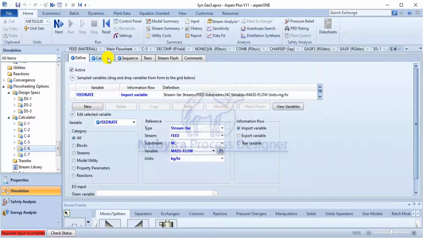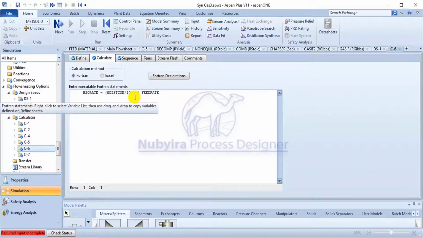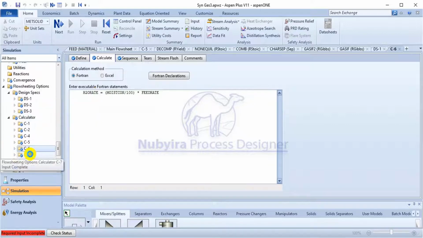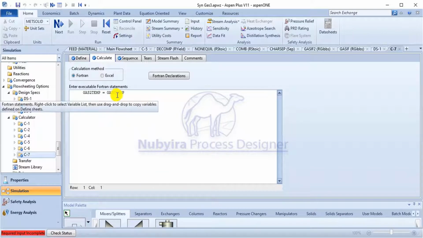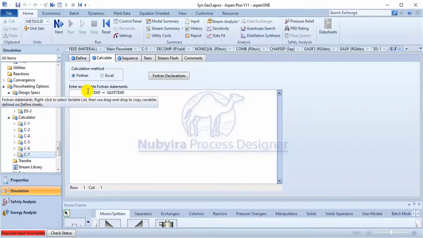So it's going to divide by 100, then calculate the water flow rate. Then you have the last block, which sets the temperature of the first gasification to the temperature of the second gasification. That is the one I told you we use to adjust the products so that it is realistic and fits normal plant data.